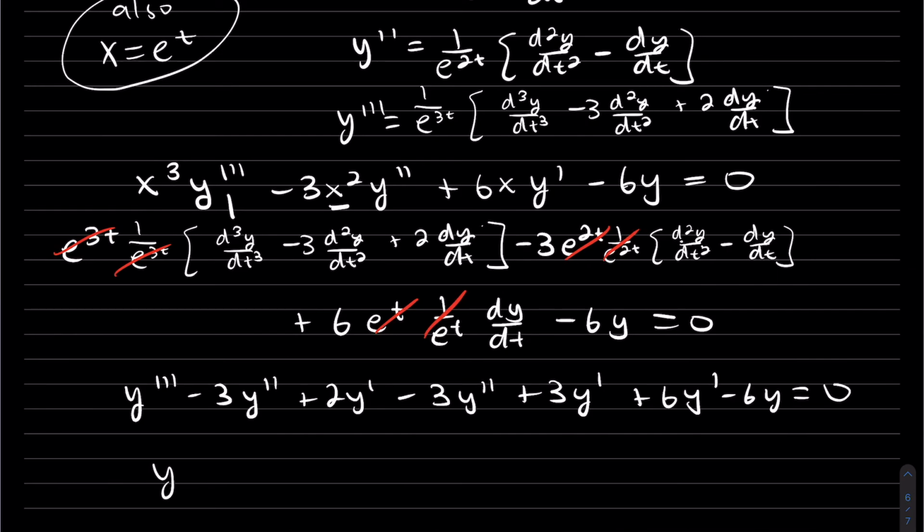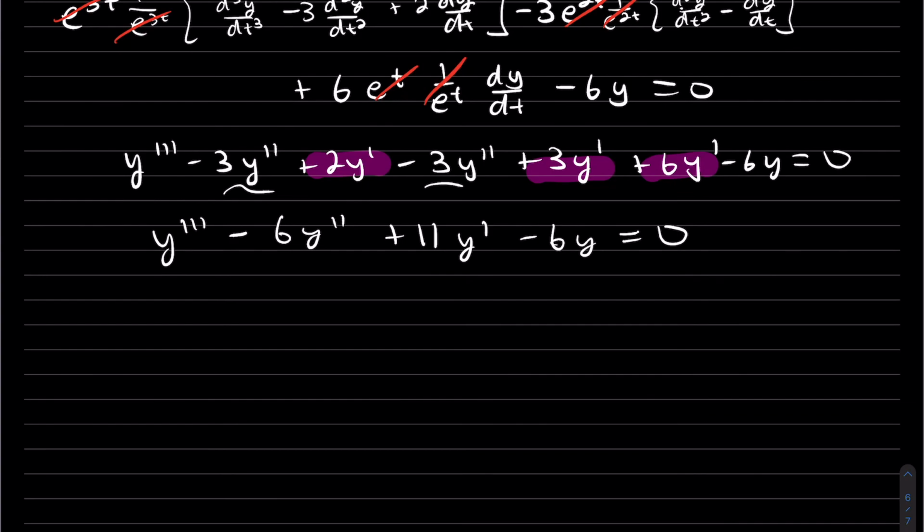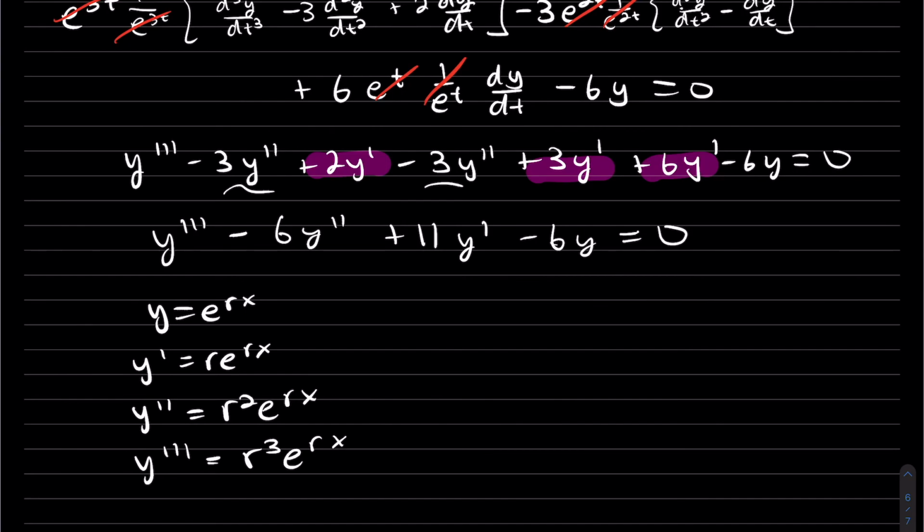Add your like terms. Be able to factor e to the rx from all of them, except it is t. You're supposed to remind me that.